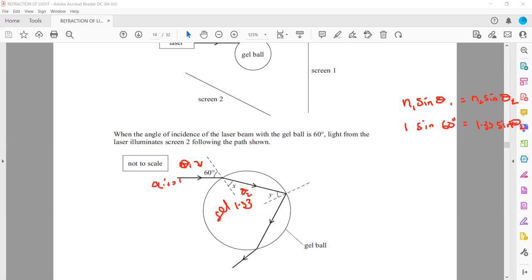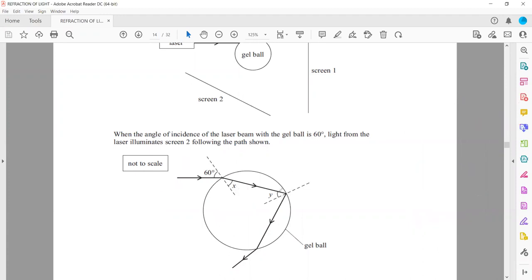That is actually angle X. So this will be sine 60 divided by 1.33, and then we take the sine inverse to get the value for X, which is about 40.6. So X is about 40.6.